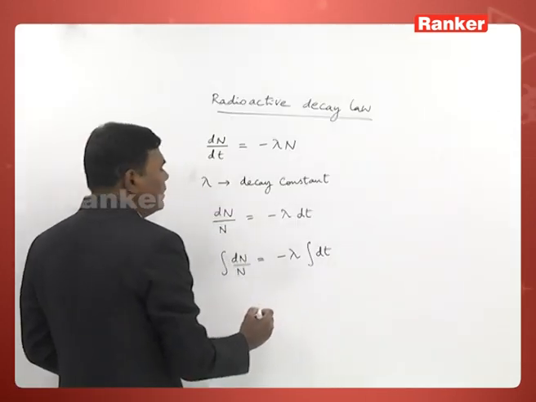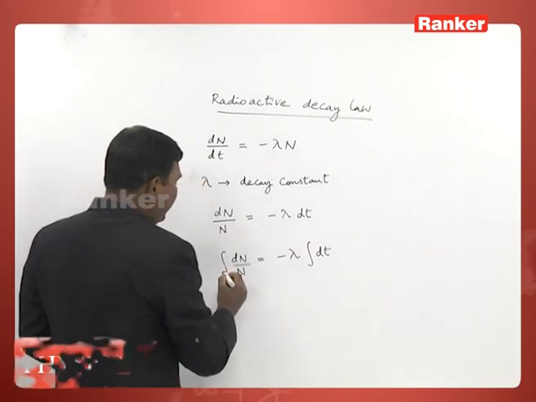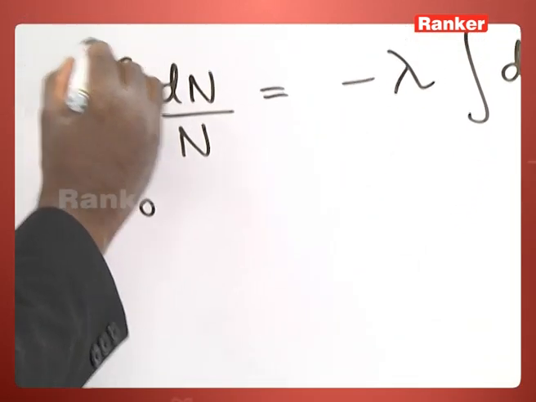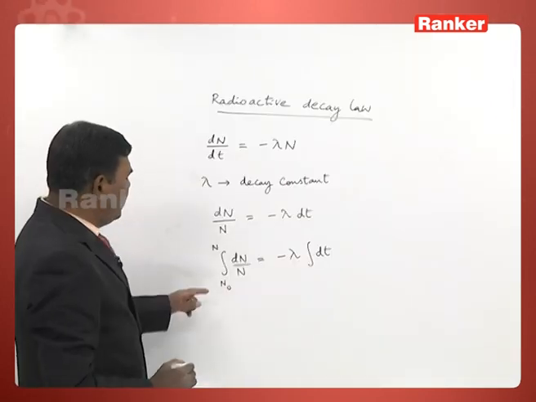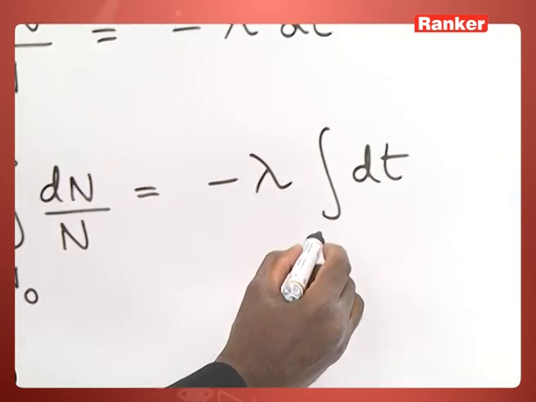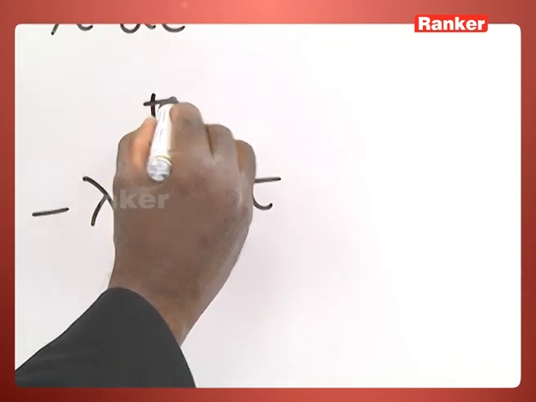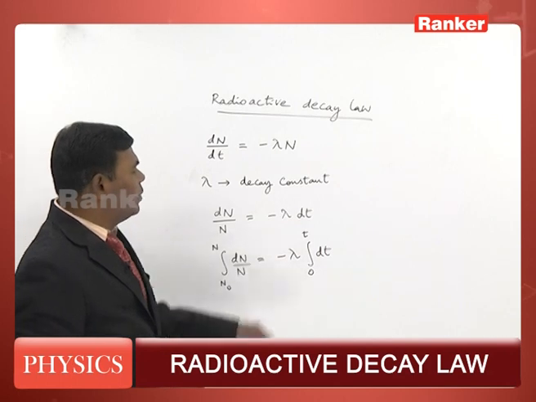Lambda is a constant, therefore it is taken out of the integration, and the limits are taken as the initial number of nuclei N naught, and at any instant of time the number of nuclei N. So the limits will be N naught to N. Here the initial observation time is taken as 0, and the instant of time at any instant is taken as t. So the limits for dt become 0 to t.